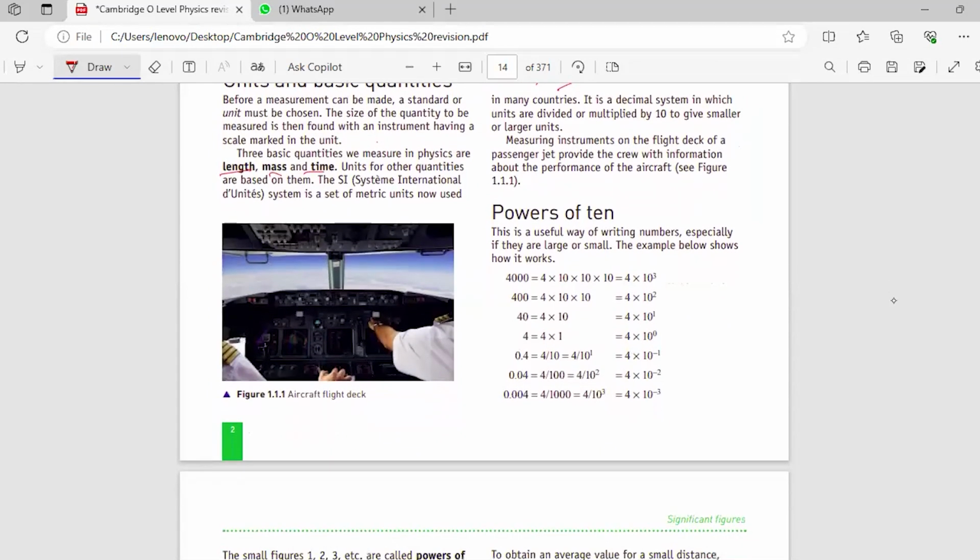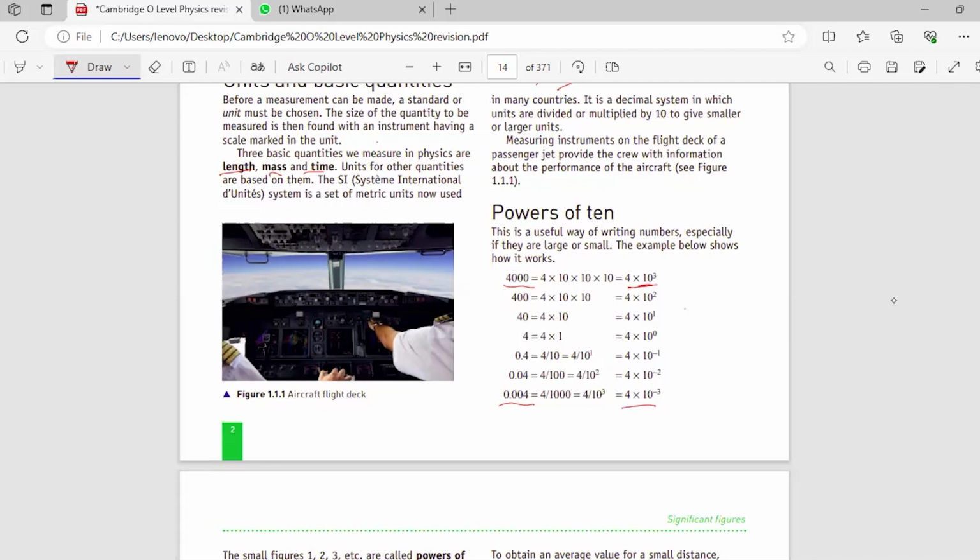Powers of 10. In the sciences, if some quantity is like 4,000, it is preferred to write it in the power of 10. That is, 4 into 10 to the power minus 3. In sciences, it is preferred that we write the answer in powers of 10.